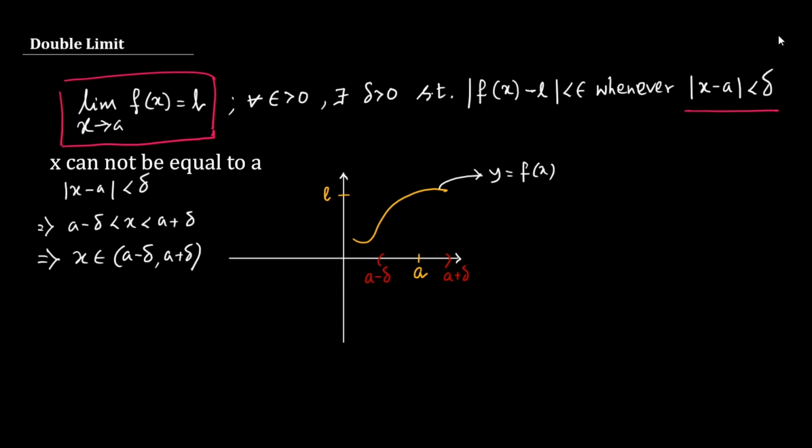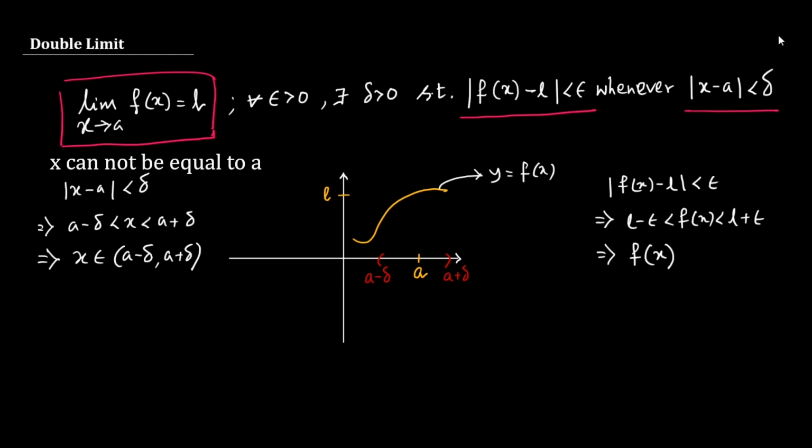Similarly, if we investigate the expression mod of f(x) minus L less than epsilon, what do we get? This will imply L minus epsilon less than f(x) less than L plus epsilon, which implies f(x) belongs to the open interval (L minus epsilon, L plus epsilon).